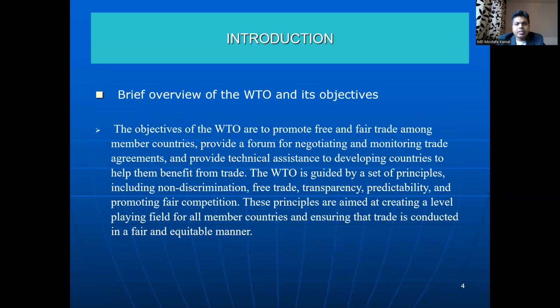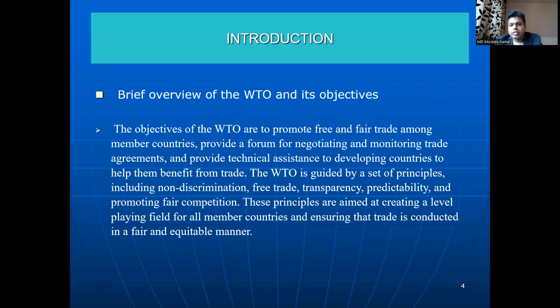In the next slide, we can see that the objectives of the World Trade Organization are to promote free and fair trade among member countries, provide a forum for negotiating and monitoring trade agreements, and provide technical assistance to developing countries to help them benefit from trade.